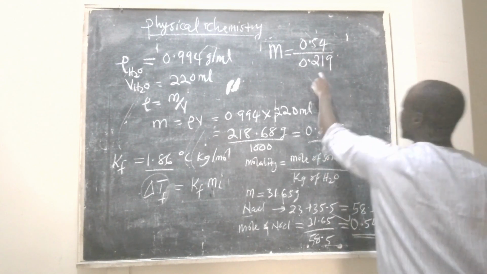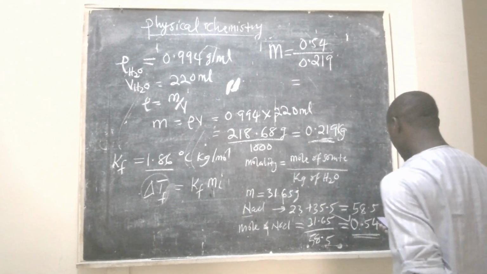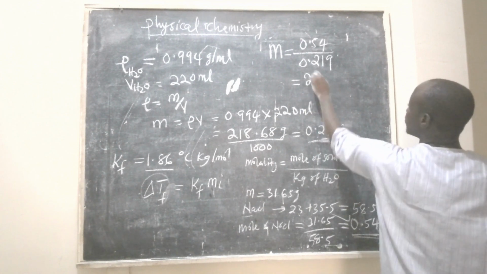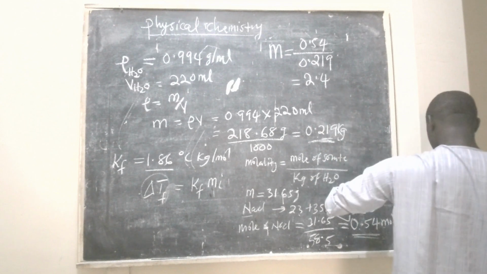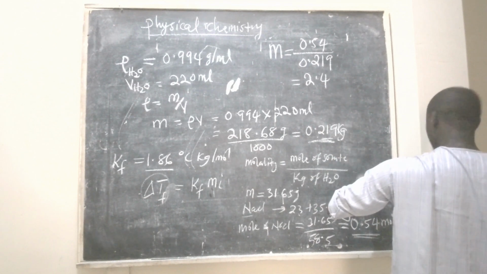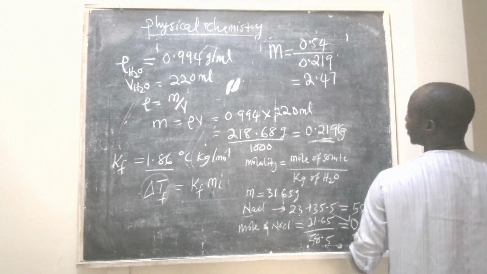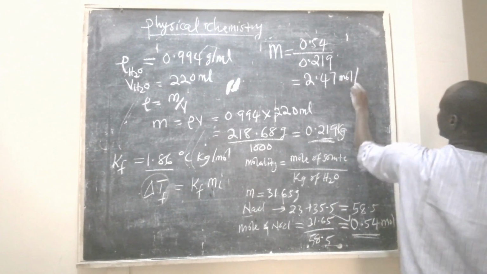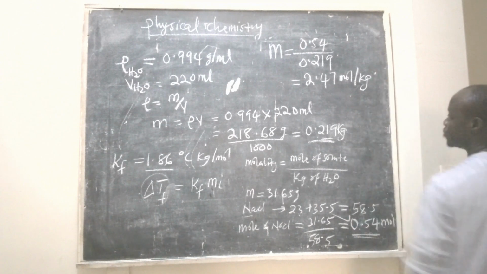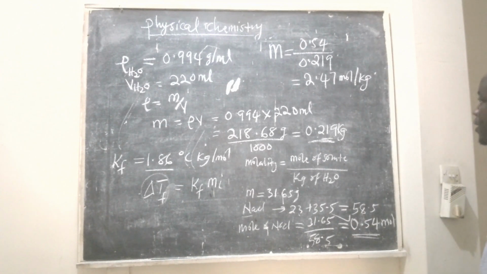So we divide this by this, and after we do that, we have 2.47 mole per kilogram. So this is our molality.